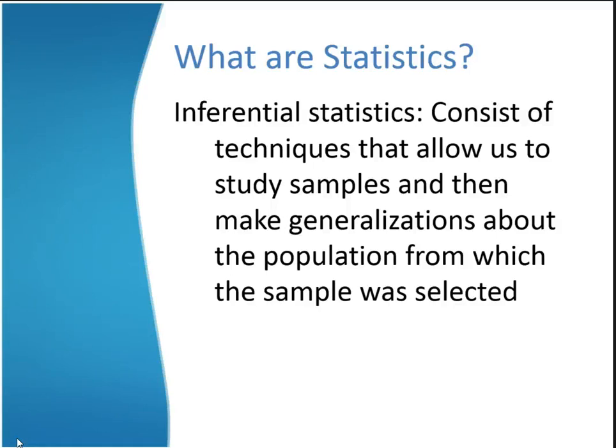So we use inferential statistics to make inferences from our data to more general conditions, and we use descriptive statistics just simply to describe what's going on with our data.